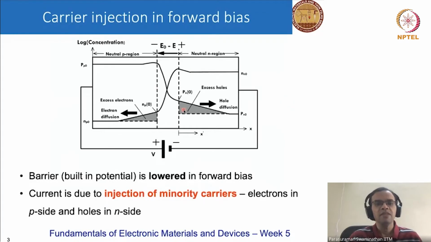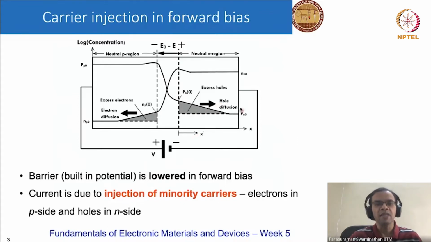We can look at this in terms of carrier injection. So the p side, as I said, is connected to the positive terminal, which means we have holes that are injected into the p side of the p-n junction. These holes then cross over through the depletion region and then move on to the n side where they are minority carriers.